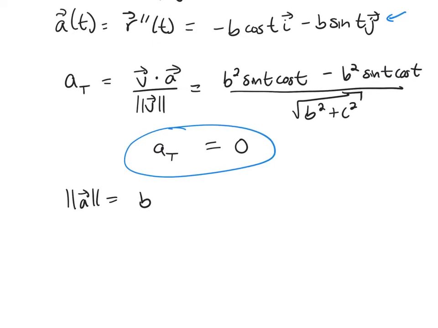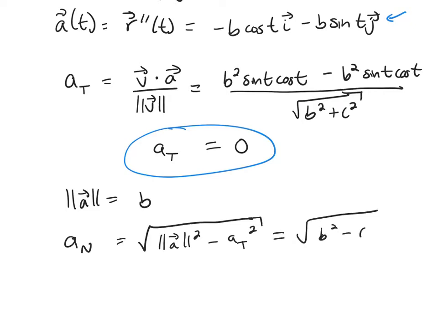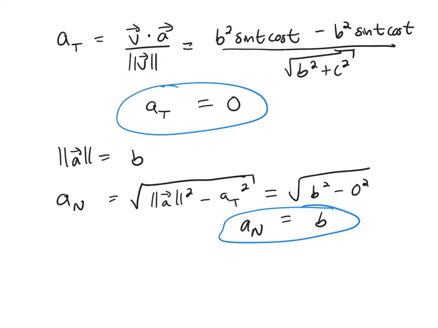And so now our normal component, a sub n, of acceleration, remember there was this formula where it's the square root of the magnitude of a squared minus our tangential component squared. So here I'm getting the square root of b squared minus 0 squared, or just b. So my normal component here would be b, and my tangential component would be 0.